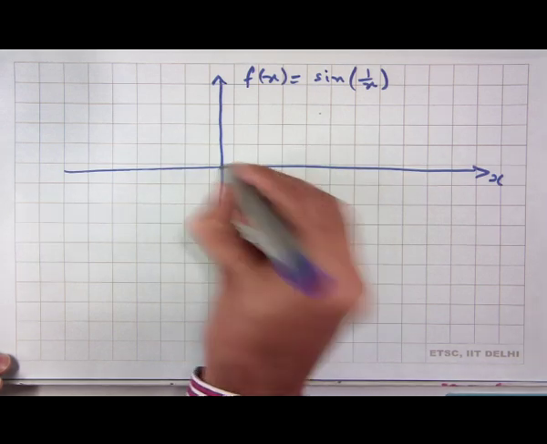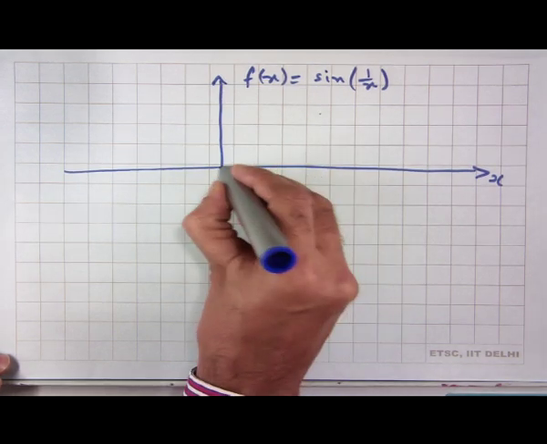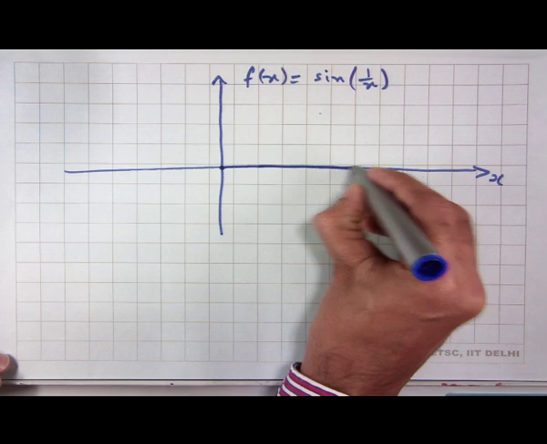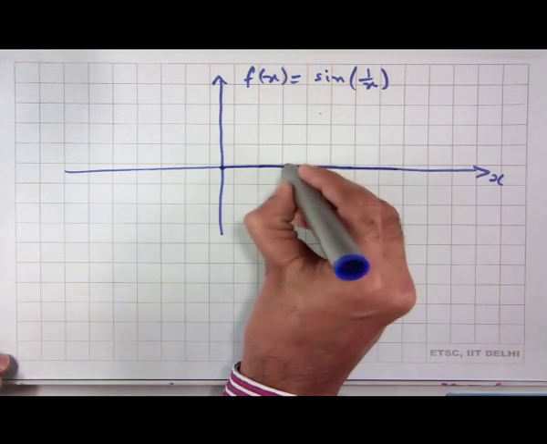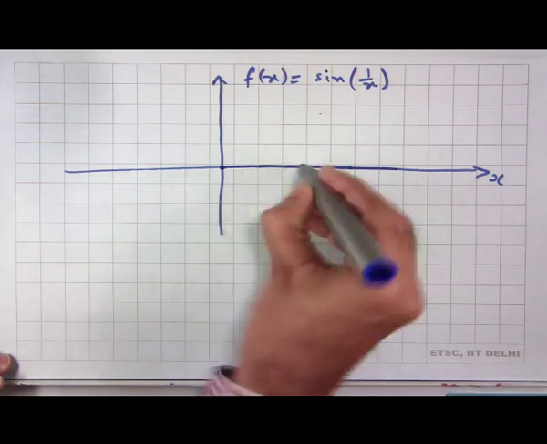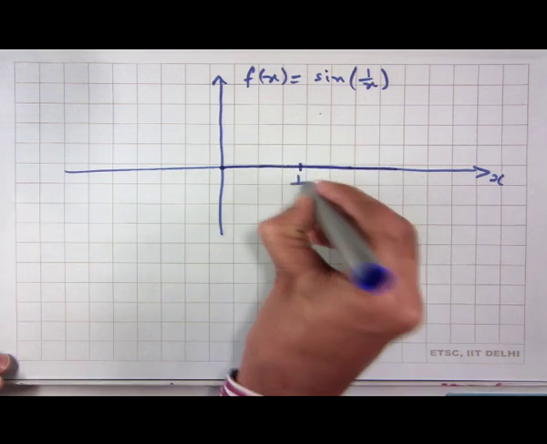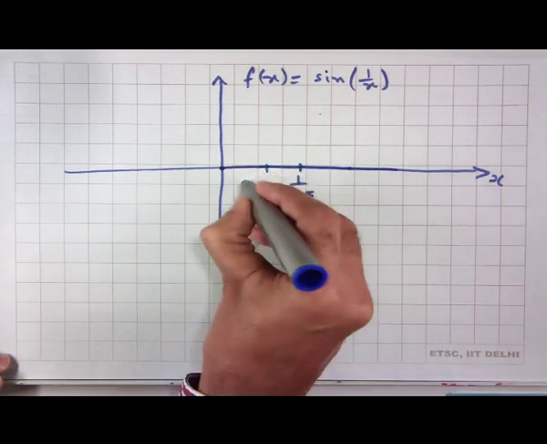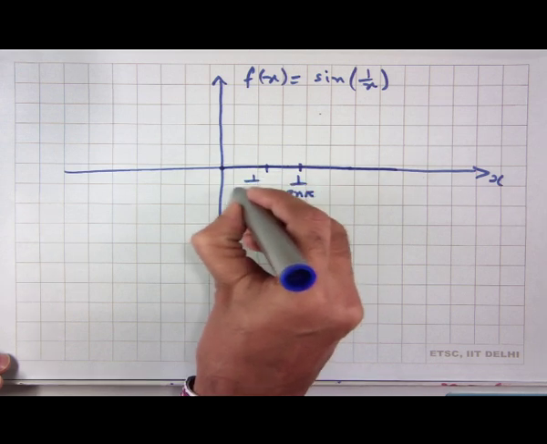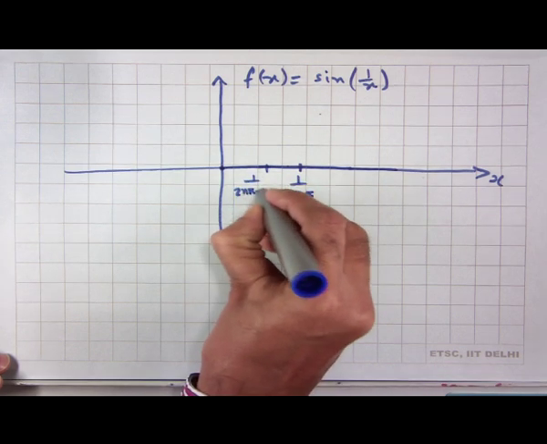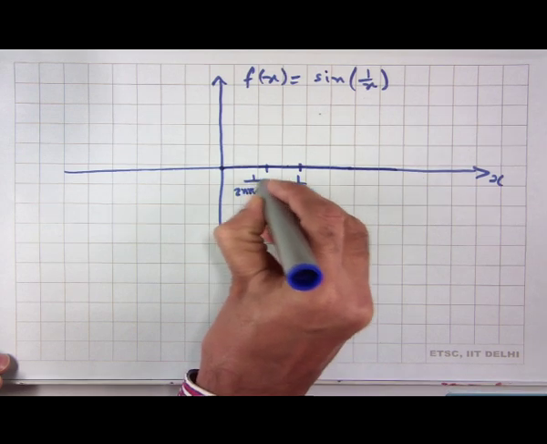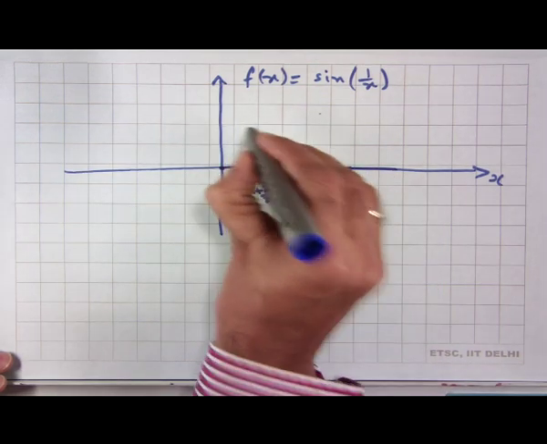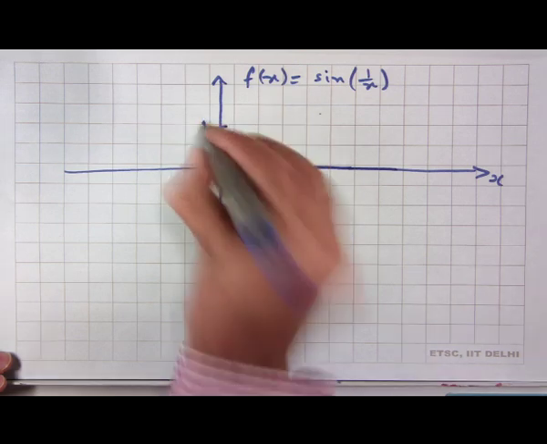So, if I am interested in the right hand limit, I need to look at the value of this function to the right of this. So, if I take 1 by 2n pi, and then I have 1 by 2n pi plus pi by 2, then the value of this is varying from 0 to 1.